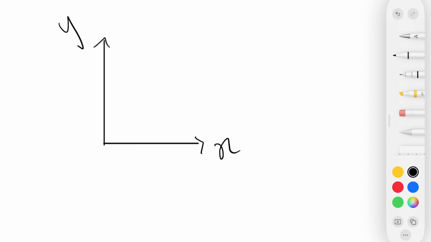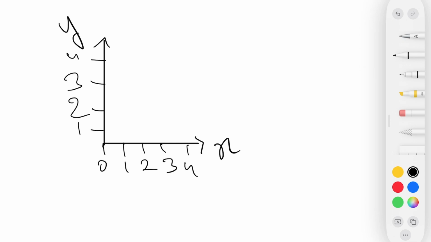So next graph that we have is going to clear your concepts even more. This and that, and x-axis and y-axis, right? This is 0, 1, 2, 3, 4. 1, 2, 3, 4.